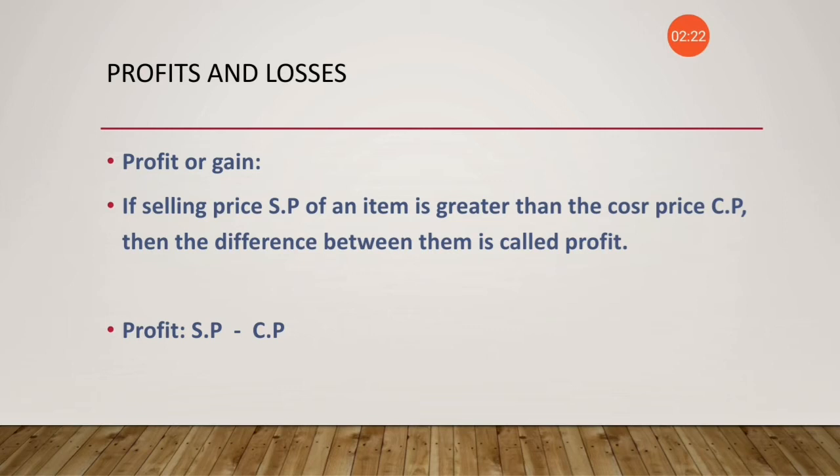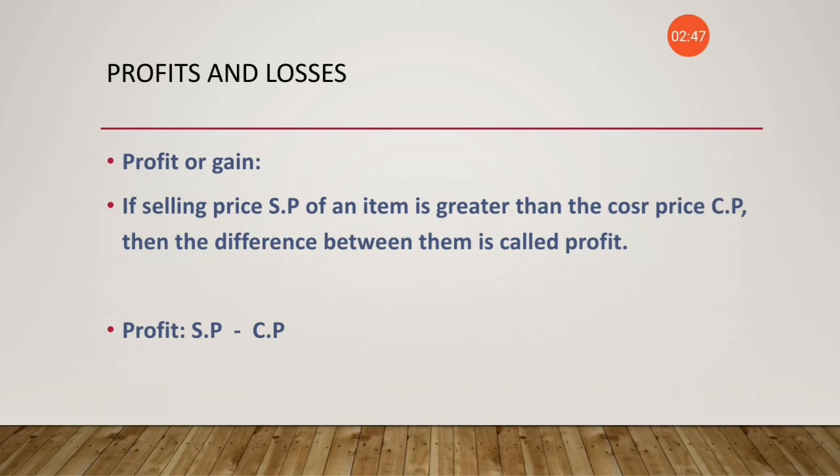So profit we generally consider as gain. Gain means to get. So if the selling price SP of an item is greater than the cost price CP, then the difference between them is called profit or gain. So the formula of profit is SP minus CP.